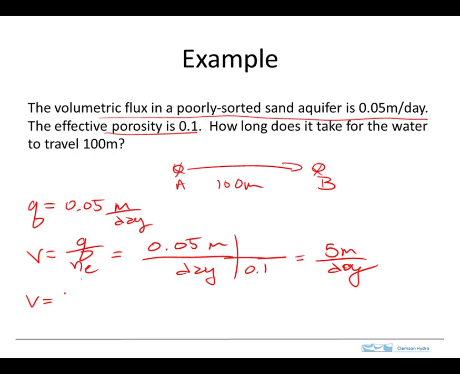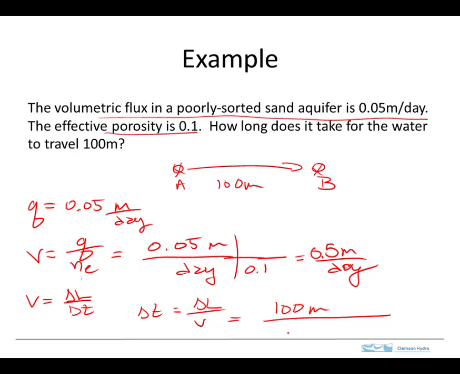The velocity is the distance per time, and so the time is the distance divided by the velocity. If it's 100 meters divided by, there you go, half a meter a day.